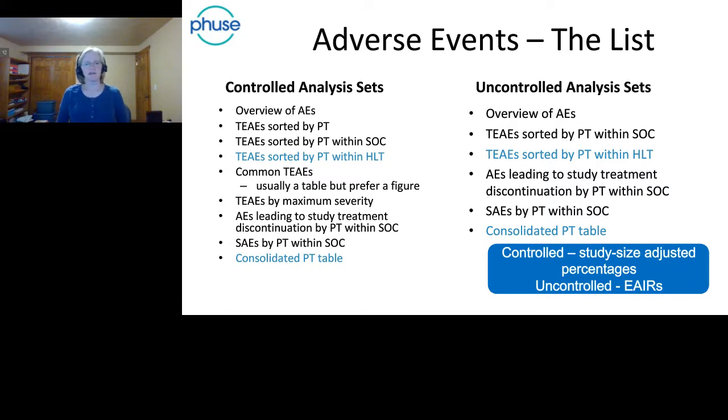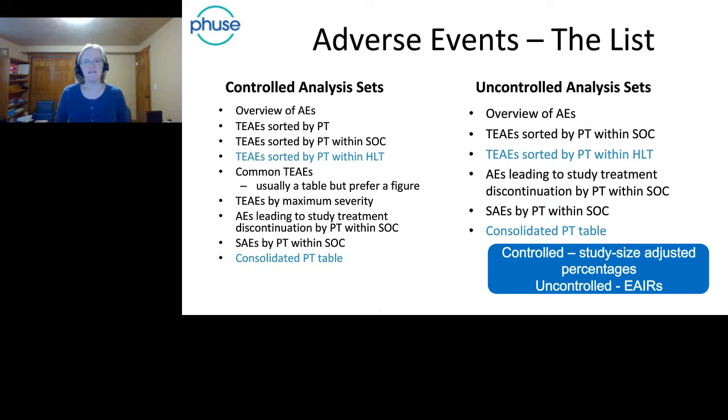Overview of adverse events, treatment emergent adverse events sorted by PT, preferred term, within SOC, system organ class, and then TEAEs sorted by PT within high level term. That's in blue because it is an added display recommended for integrated summaries that we don't necessarily recommend for every study report, because most of these things are also done in individual studies.